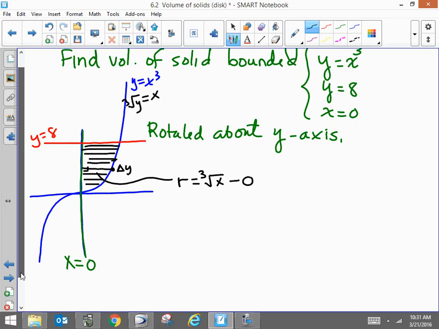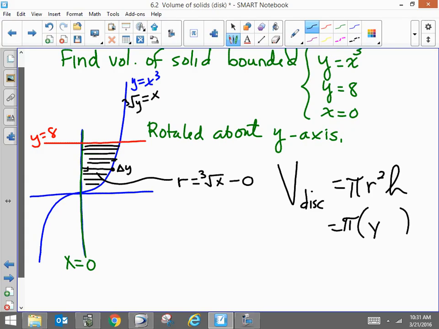So, the volume of a disc is pi r squared h. R is y to the 1/3, and h is change in y. All right.